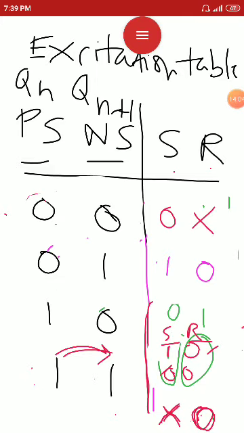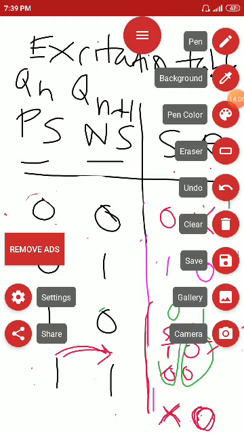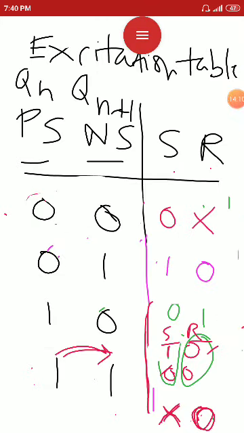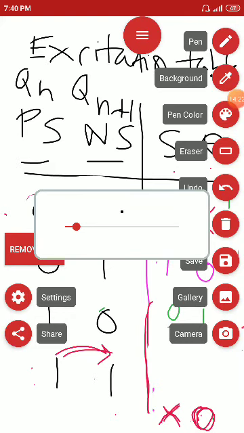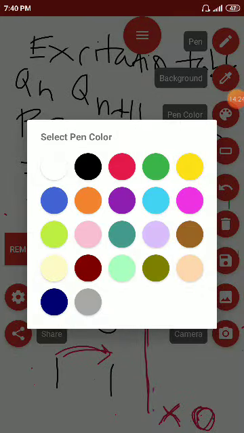So for the last case, 1 1, what we can understand is that the input of S and R should be don't care 0, so that we can write in the same row.